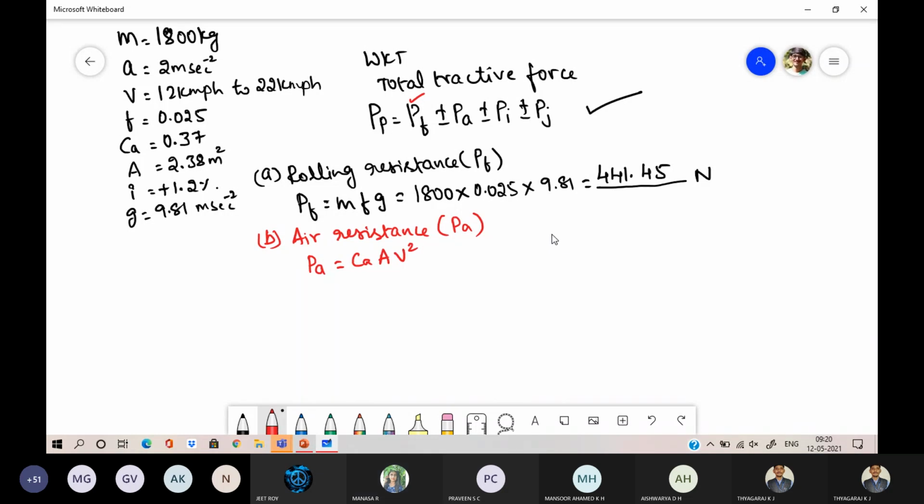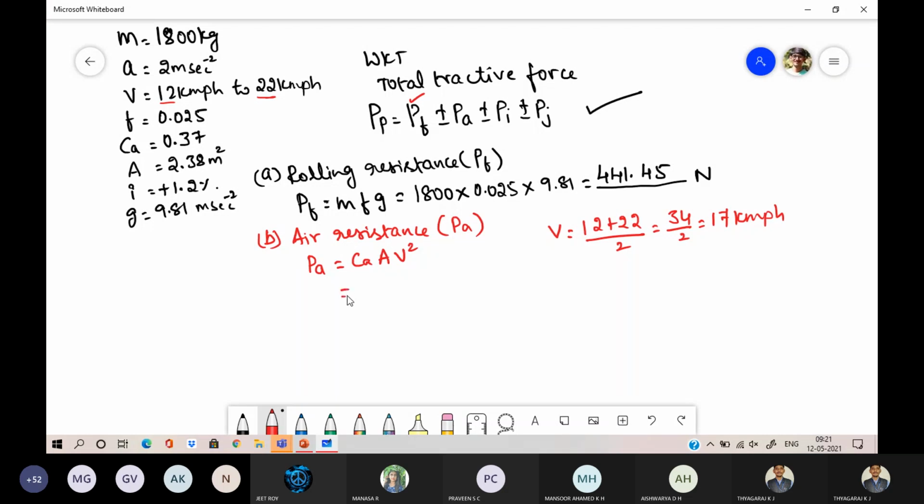Now you should consider V; they have given two speeds, so consider the average of the speeds. 34 by 2, so you will get 17 kmph as the average speed. Because the vehicle will not be moving at 12 kmph only. The initial speed is 12 and the final speed is 22, but you should take the average speed when calculating air resistance.